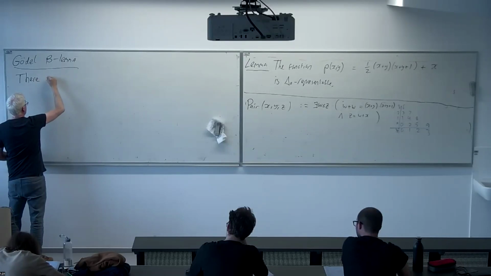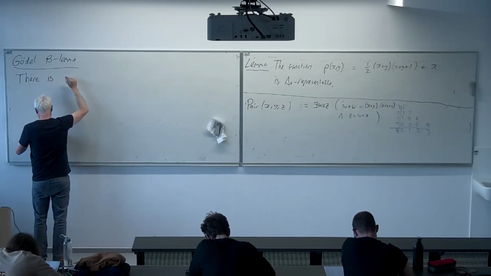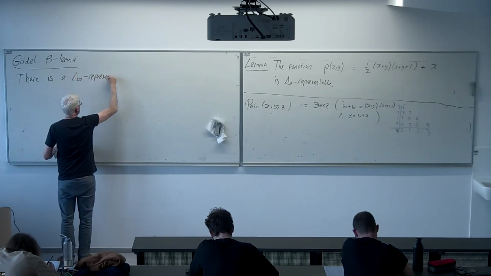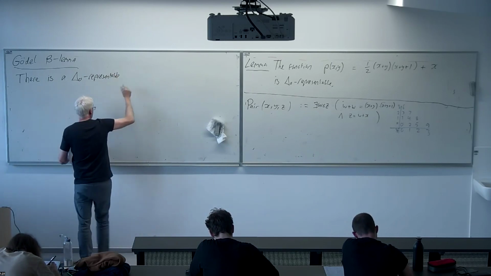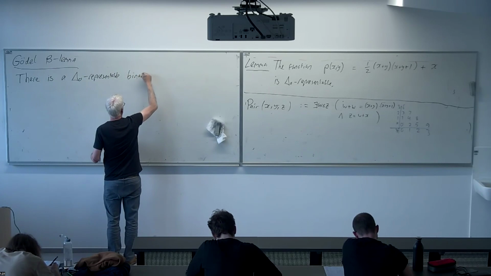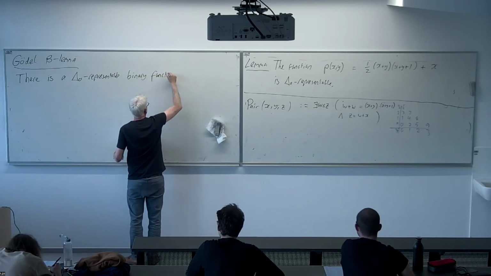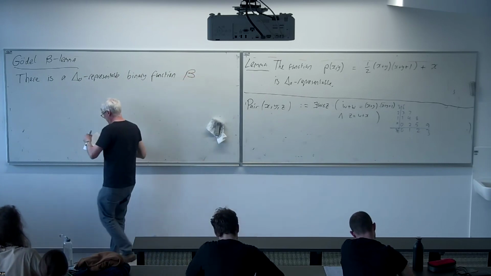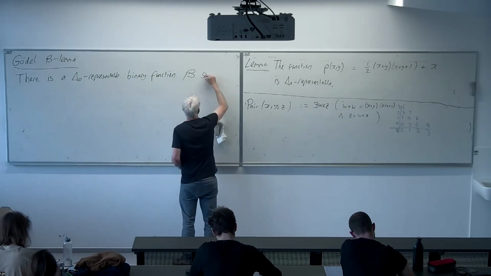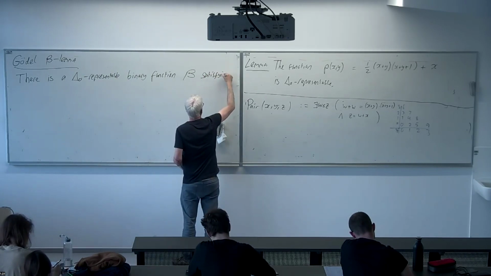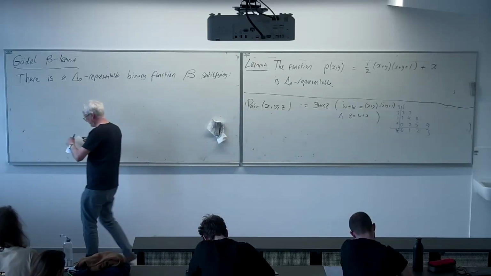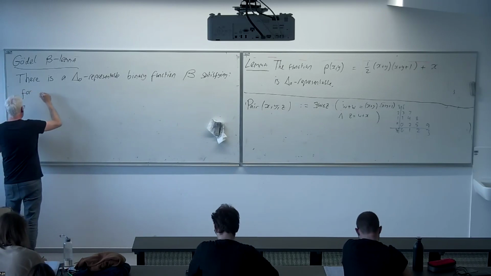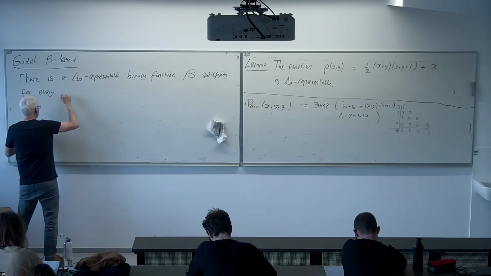So the beta-lemma says there is some delta zero representable binary function, a total function, so a two argument function, beta, satisfying some properties. I'll just state it and then I'll say what it means.